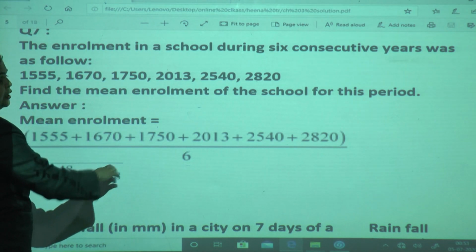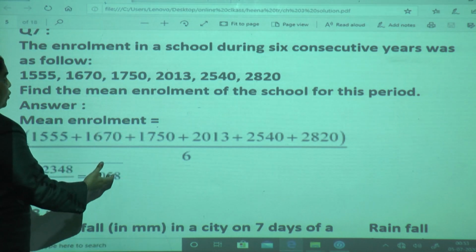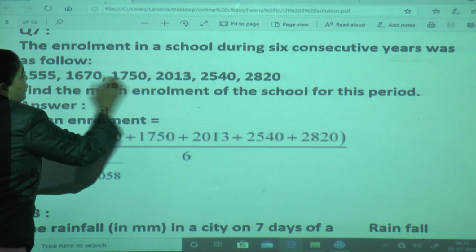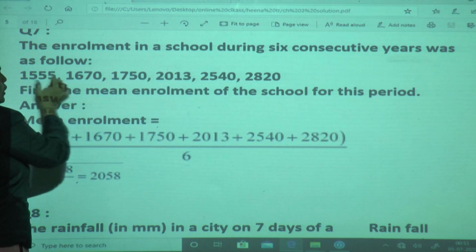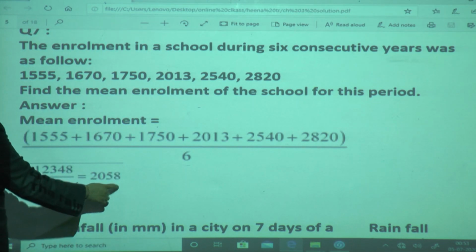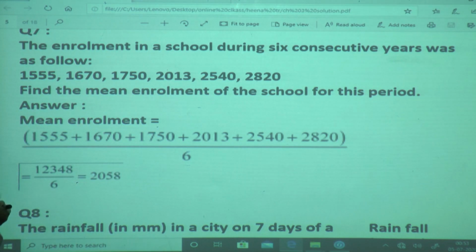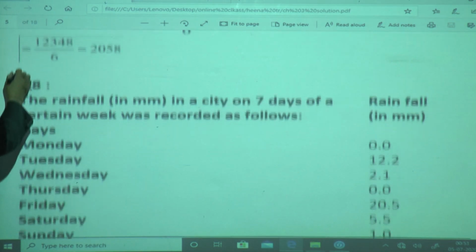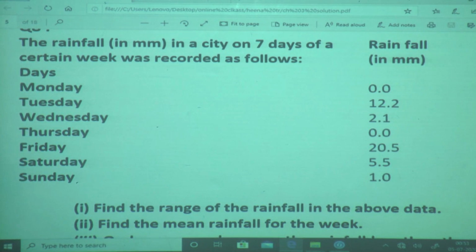It always lies between the lowest value and the highest value. We got 2058 as our mean. So what we did was write the formula and find the mean.